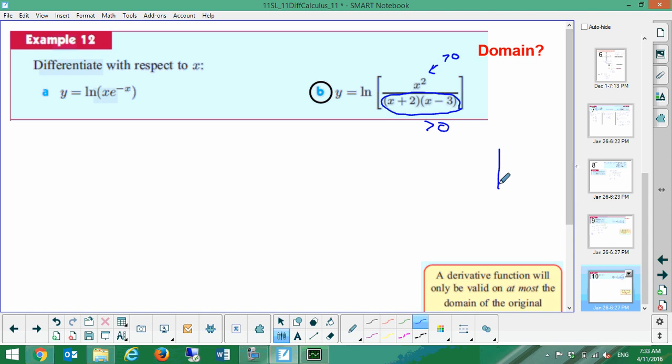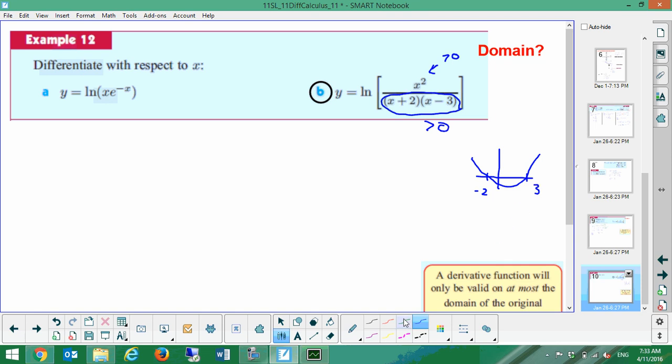So what does that look like as a quick sketch? It's a quadratic, concave up, with x-intercepts at 3 and -2. So that's what that will look like. So what x values can we put in that will make the overall function positive?